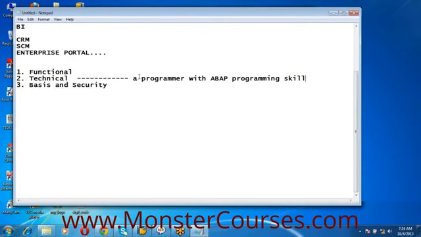Why I insist on programmer is because this is the first thing. To be a technical person, the first and foremost thing is you should know how to write programs. You should be a programmer. You should understand programs. You should be able to solve a problem in a sequence of steps. You should be able to write programs. I'm not concerned about the language.